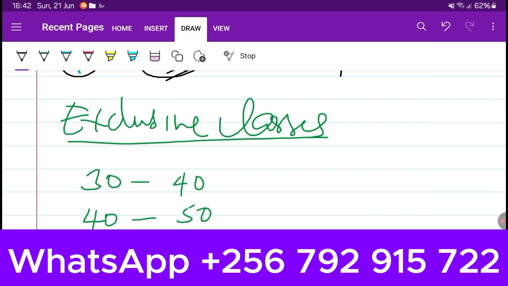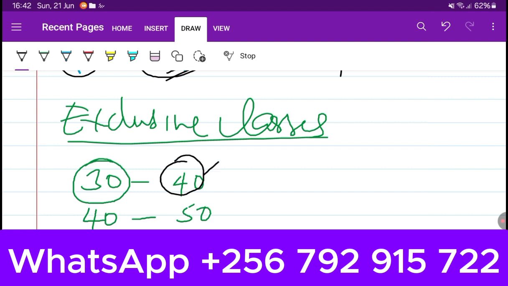So this is our lower class boundary, not boundary, actually for exclusive classes this will be the boundaries, but we shall get to understand how some of these things are done when we are doing computations. So this will be our lower class limit, and then this will be our upper class limit.